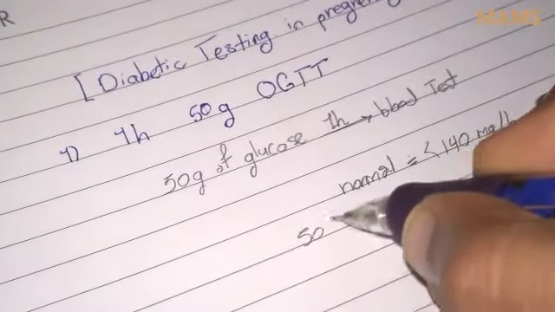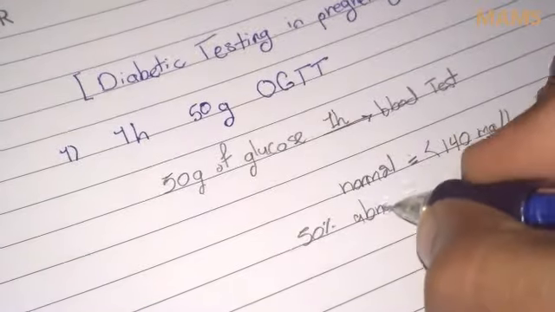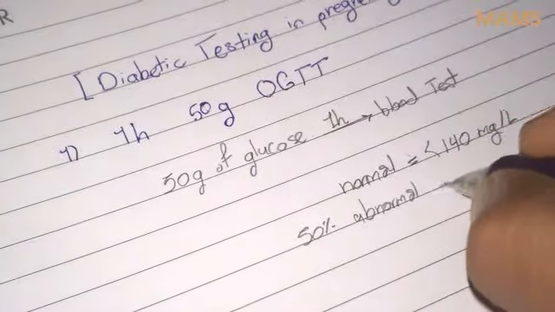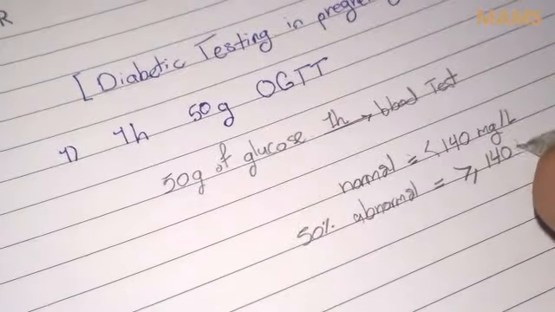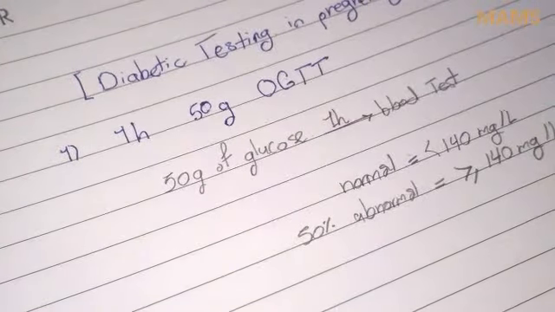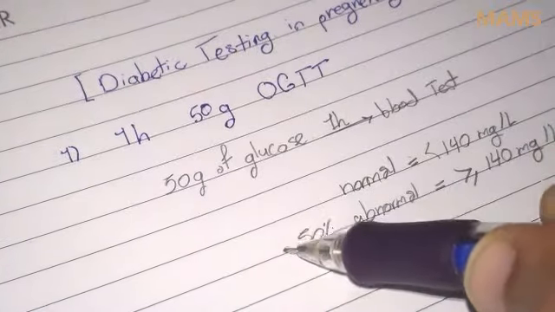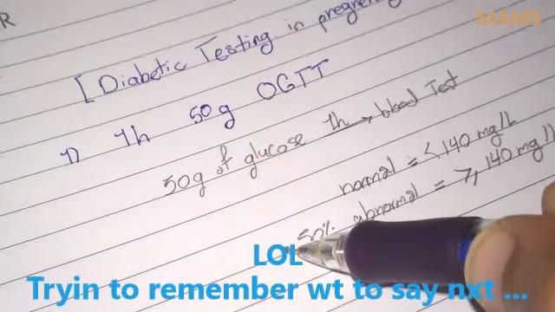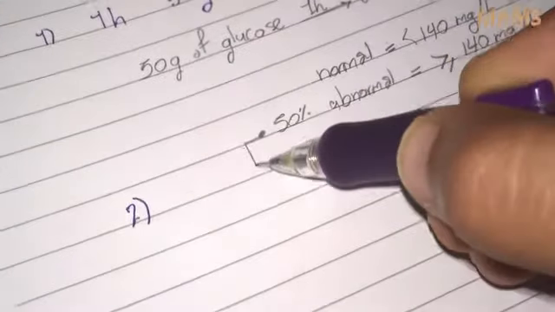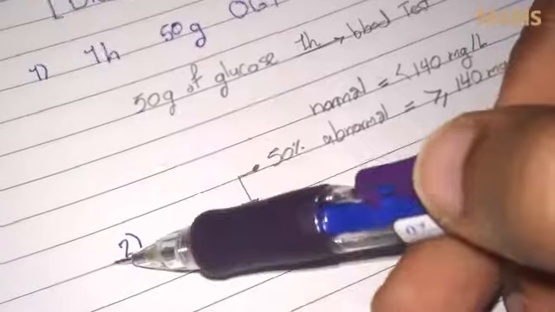In 50% of all pregnancies, it will be abnormal, which is greater than or equal to 140 milligram per liter. Here, you will need further steps and go to step 2.